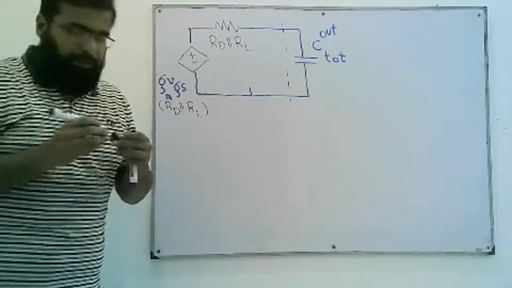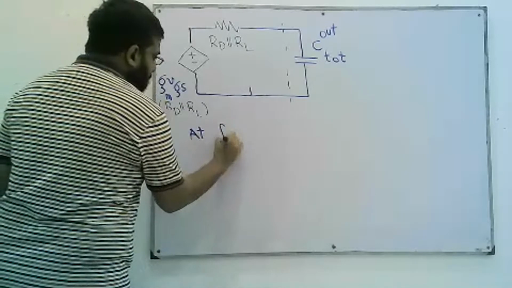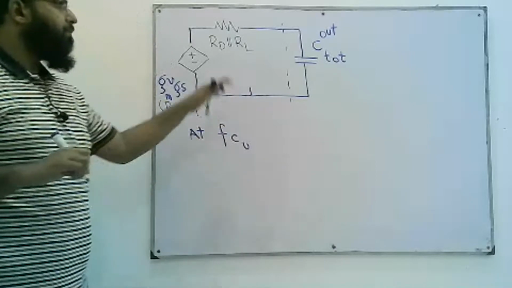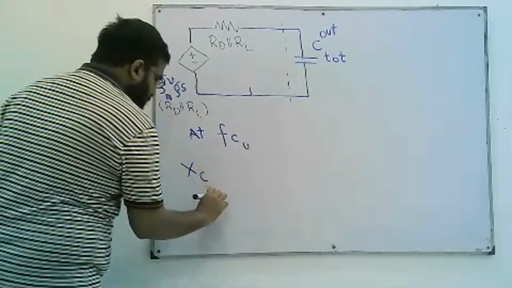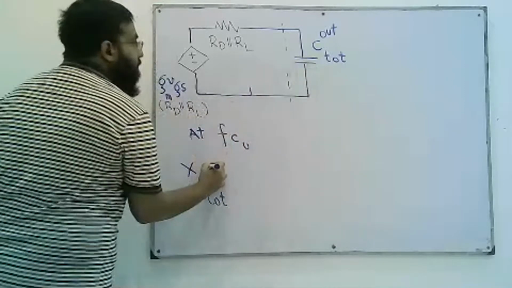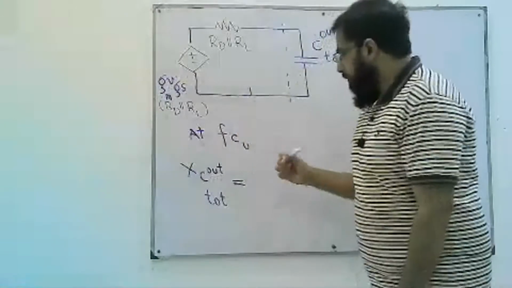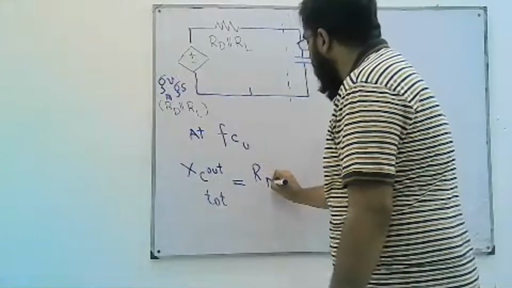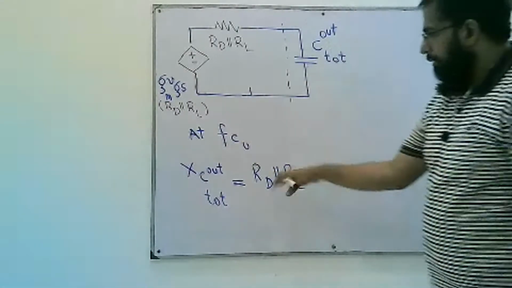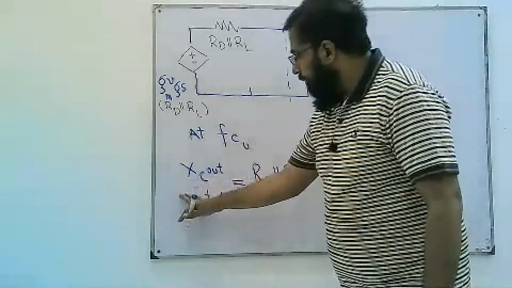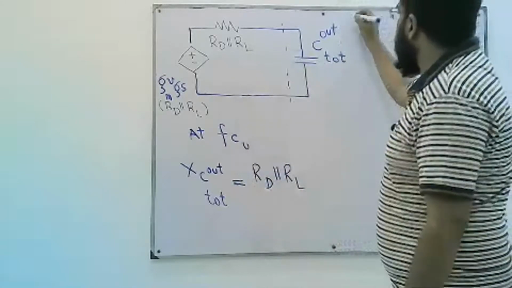Now we have this RC network, and we know that at the cutoff frequency for this RC network, XC of this capacitor, C out total, is the same as RD in parallel with RL, this resistor. At cutoff frequency, this capacitive reactance is the same as the resistance in series.